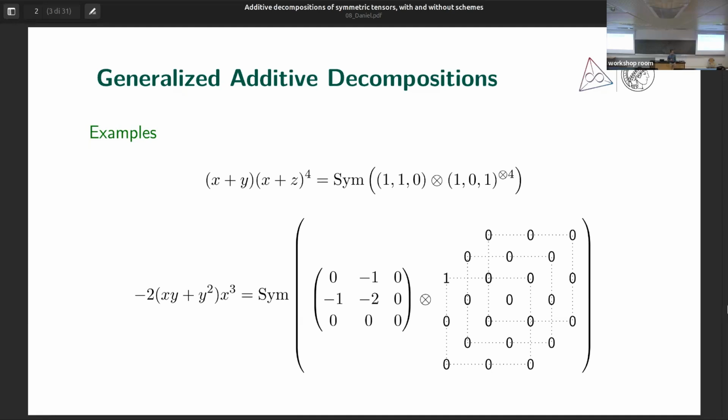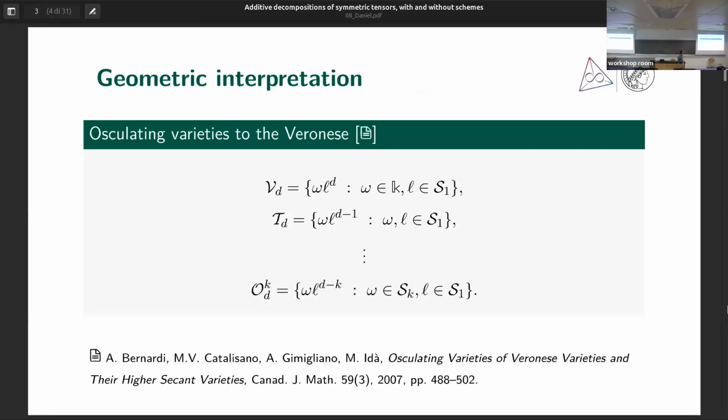I will not comment much on the utility of this, but it is clearly more efficient, right? Instead of listing all the possible monomials in any representation that you like, you can do it better if you know how to decompose a polynomial, hopefully with a small number of terms.